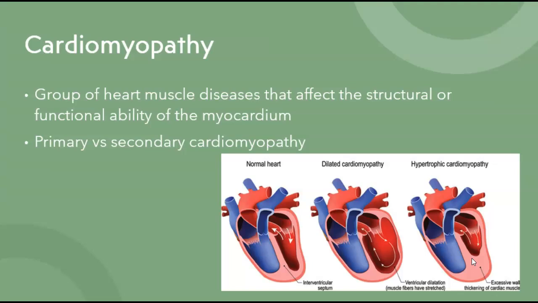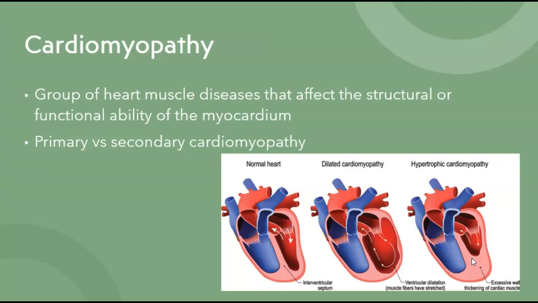It can be from severe nutritional deprivation, so maybe if they have anorexia nervosa. It can be caused from alcohol. Chronic alcohol abuse can lead to dilated cardiomyopathy. It can be peripartum, so maybe in the last few months of pregnancy or within the first few months after delivery, secondary cardiomyopathy can occur.